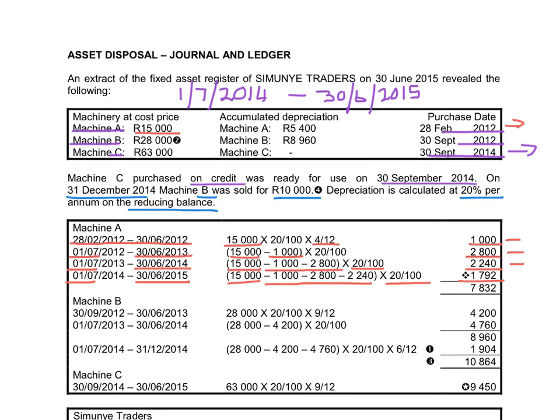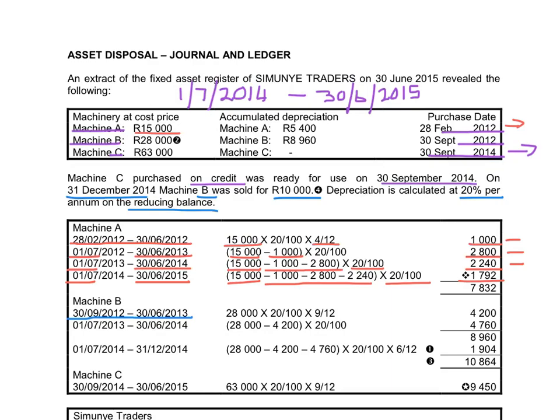On machine B, we purchased it on the 30th of September 2012, and we sold it for 10,000 on the 31st of December 2014. So on machine B, we will calculate from the purchase date 30 September 2012 up to the end of the financial year, 30 June 2013.